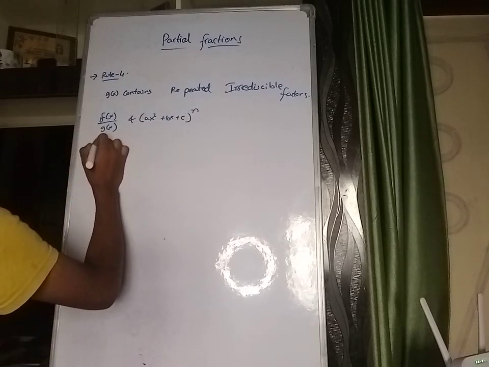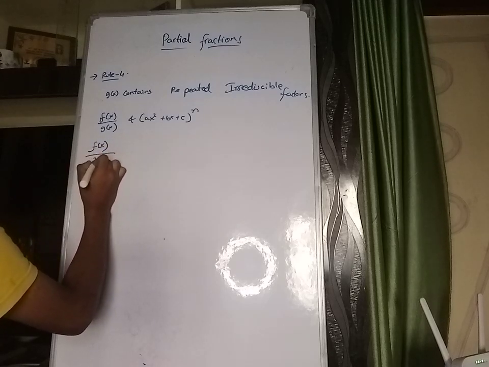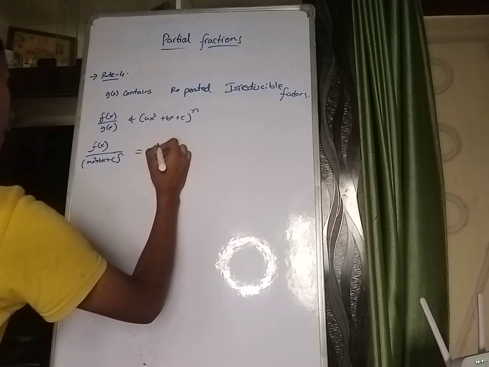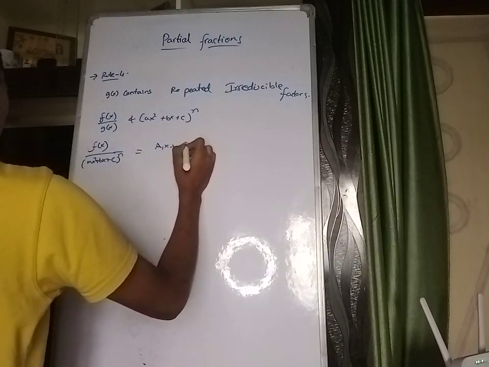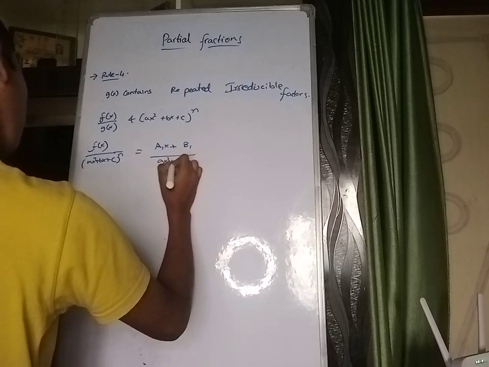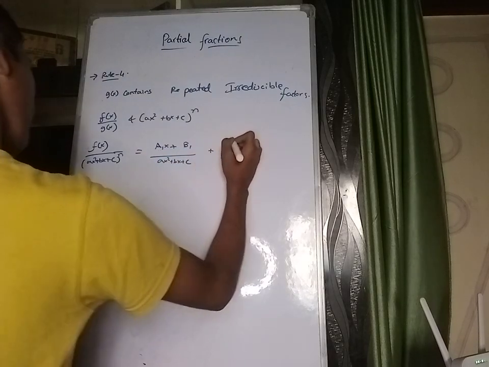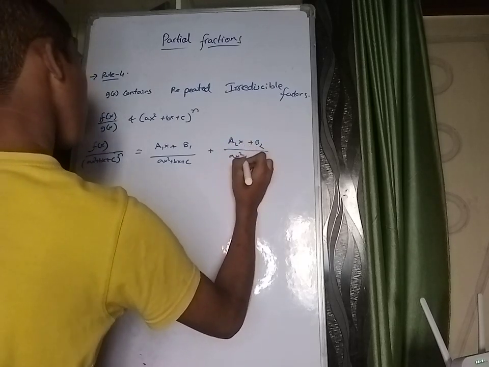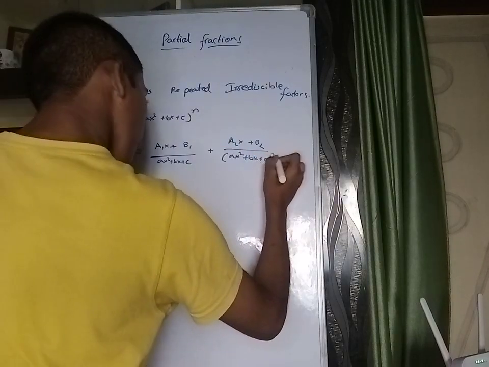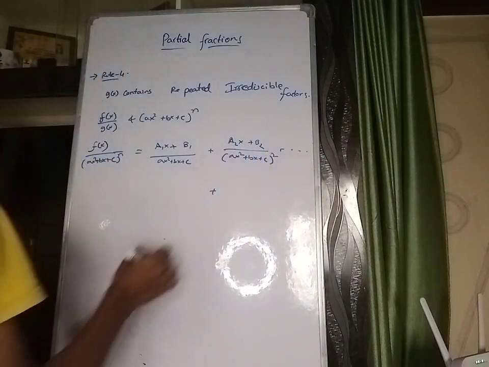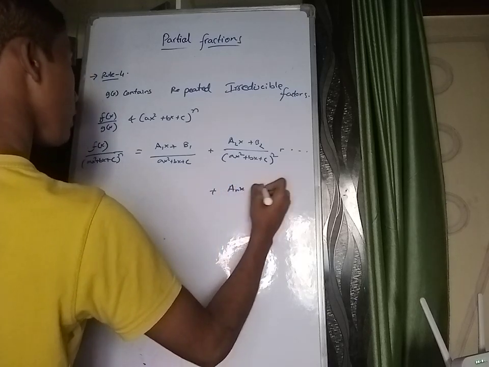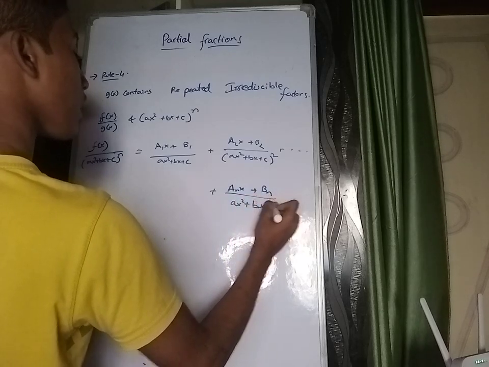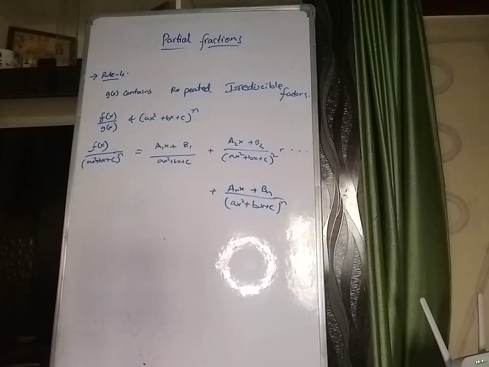Then we can write f of x by ax square plus bx plus c whole power n as a1x plus b1 divided by ax square plus bx plus c, plus a2x plus b2 divided by ax square plus bx plus c whole square, up to n terms, plus an x plus bn divided by ax square plus bx plus c whole power n.